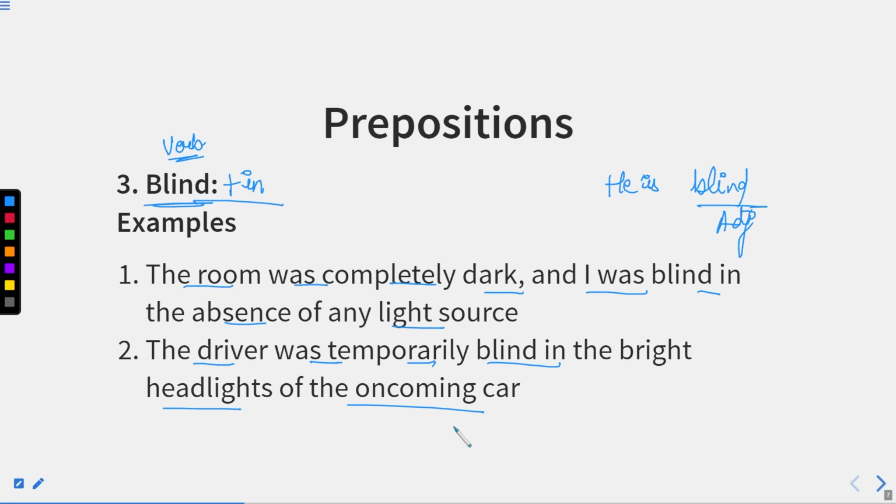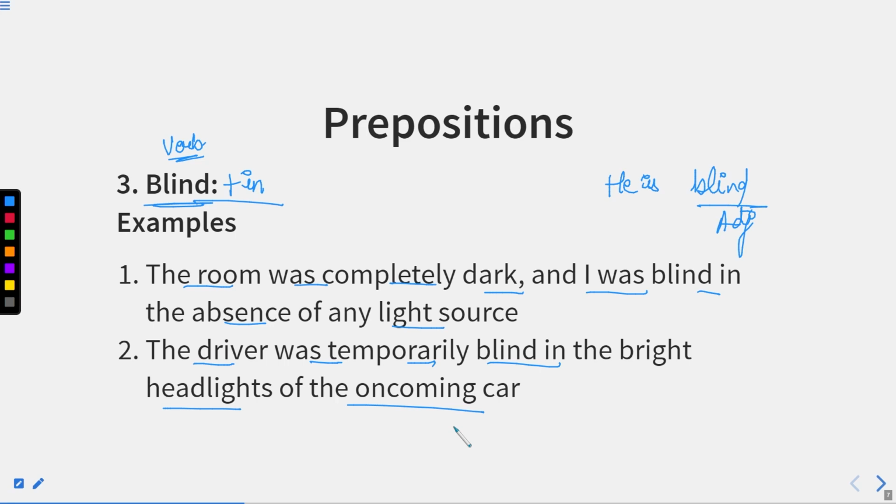So this is the situation that we can see in the sentence also, that the driver was temporarily blind in the bright headlights of the oncoming car. So blind in refers to when we cannot see anything for that particular time. So this is how we can use this phrase blind in a sentence.